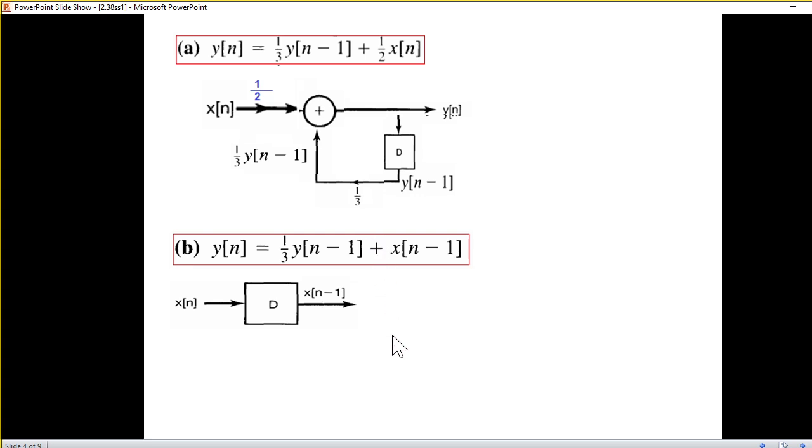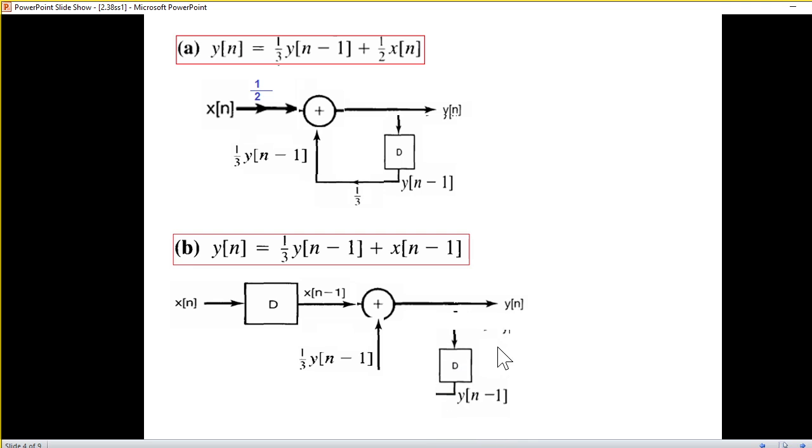Then we add the adding sign. Then we get the feedback, and connect y. And now the delay loop, this one, y[n minus 1], and multiplier of 1 over 3. So this is the block diagram for the second part.